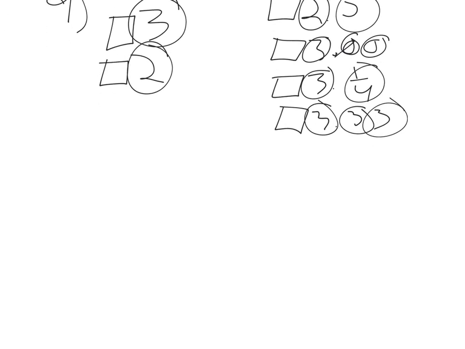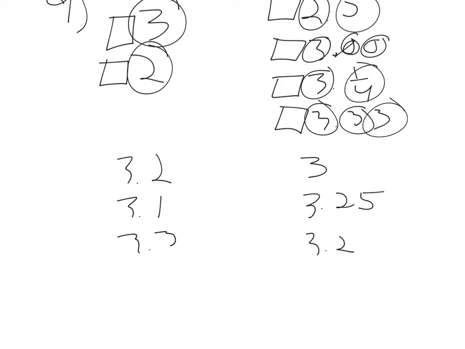For ruler B, let's put those up there. We had 3.2 is valid, 3.1, 3.3, and over here you had 3, 3.25, 3.20. Okay, now we were certain about the ones place. If you look at ruler B, everybody agreed on the 3.